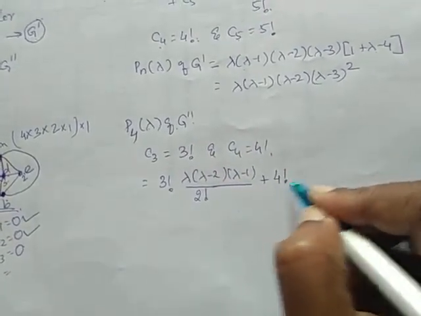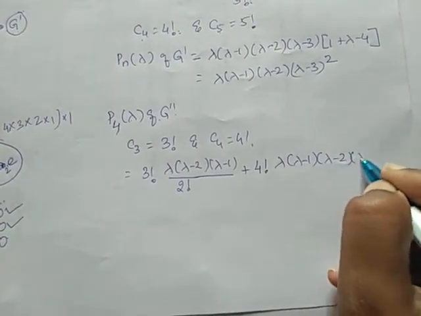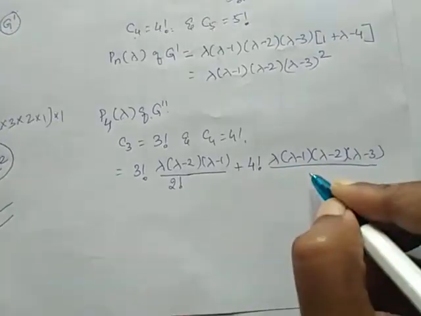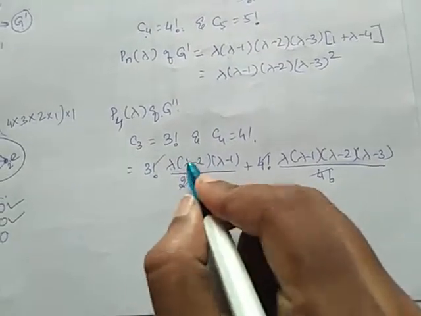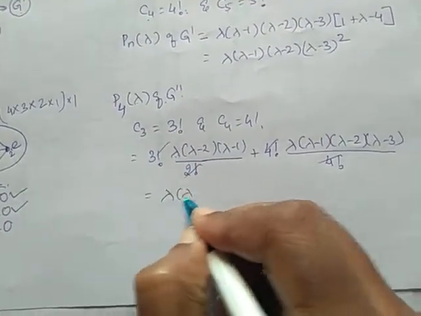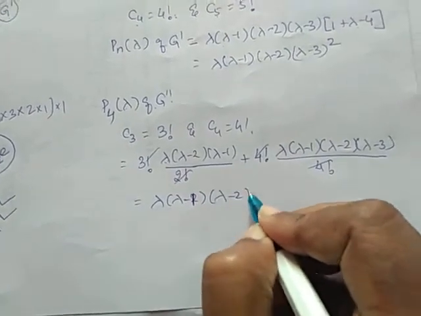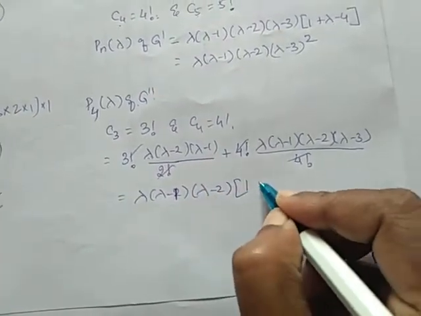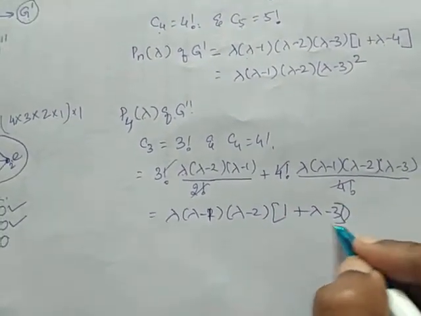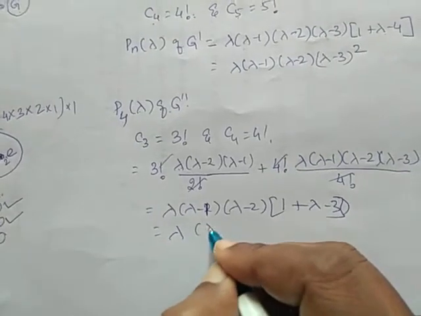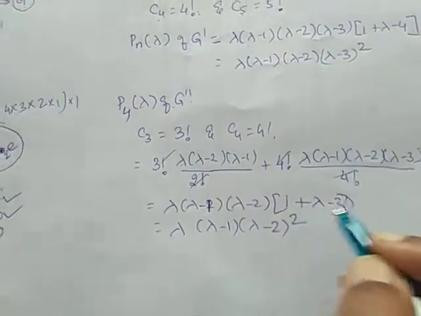Similarly, C4 is 4 factorial, lambda, lambda minus 1, lambda minus 2, lambda minus 3 by 4 factorial. If we take lambda, lambda minus 1, lambda minus 2 common, we will get 1 plus lambda minus 3. So, we have lambda, lambda minus 1, lambda minus 2 whole square.